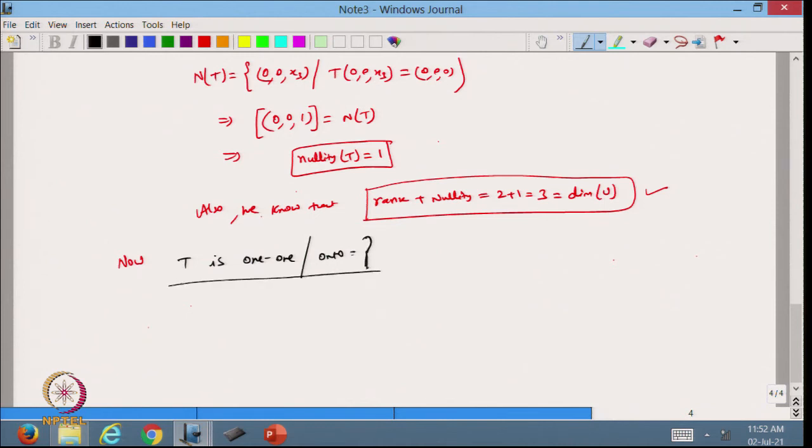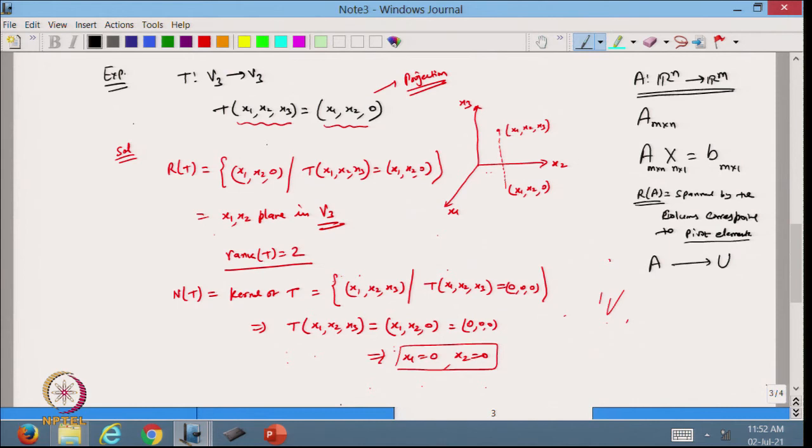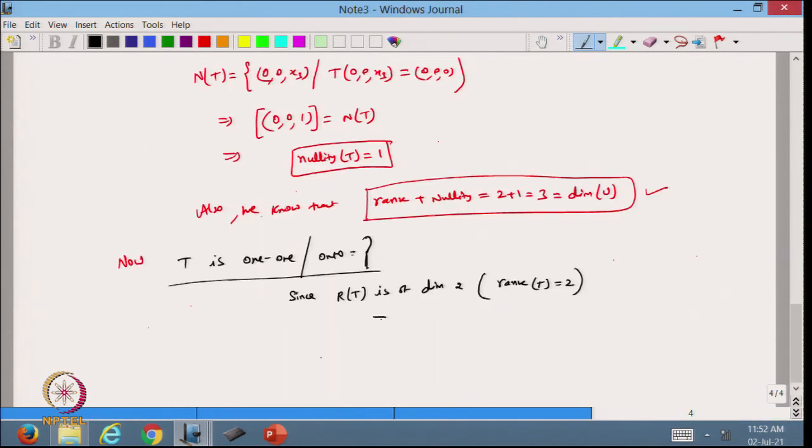Now, from here you can see that since the range space of T is of dimension 2, as the rank of T is 2 in this case, and the transformation we have taken is from V3 to V3, my range space, because it is a subspace of V3, is not equal to V3.